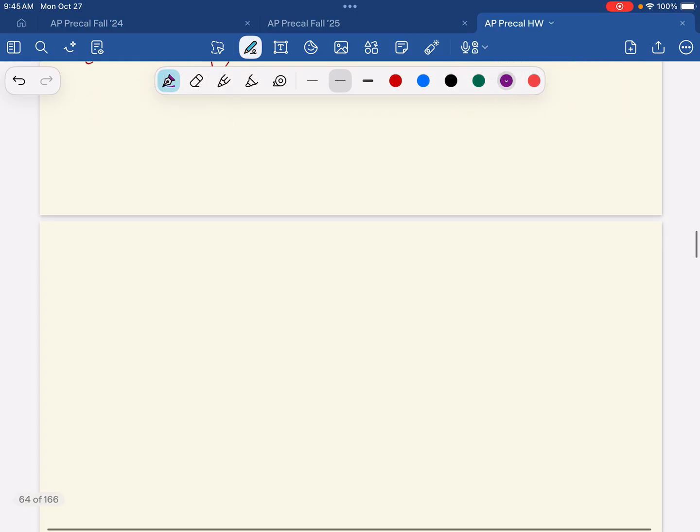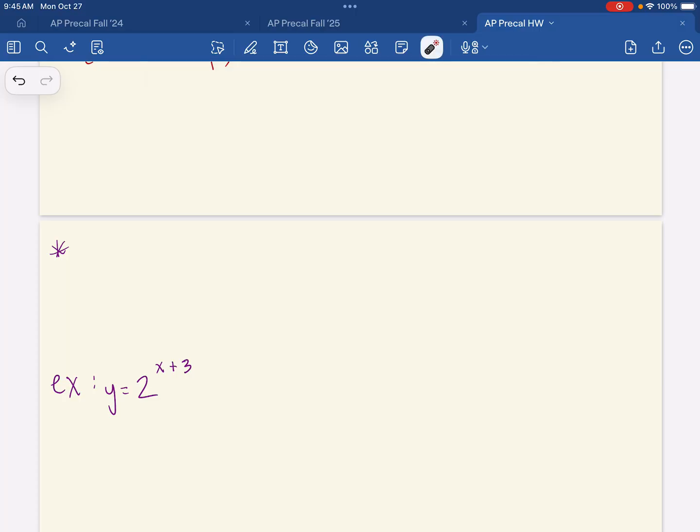The example, and I'm going to leave some space to do our conclusion above it, but if we have something like, let's say y equals 2 to the x plus 3 power, we can actually rewrite this using laws of exponents.